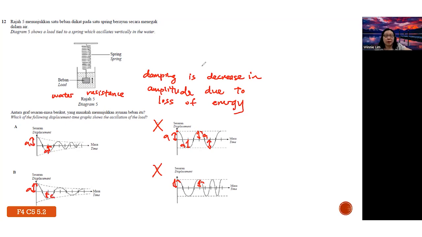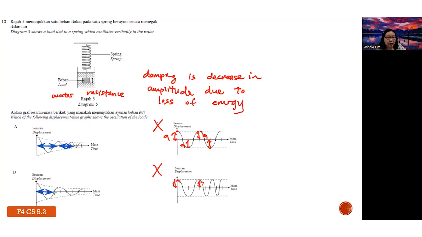For the best choice, we need to look into the period as well. Period is the time to complete one oscillation. So if you start here, you're supposed to end on the next crest. You all look at the distance, and the boxes they give you like that.